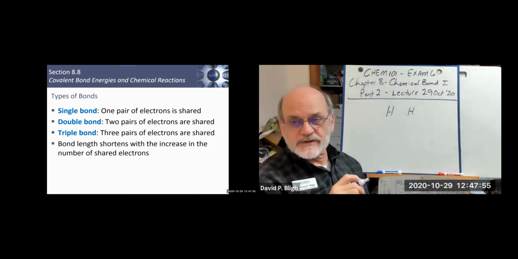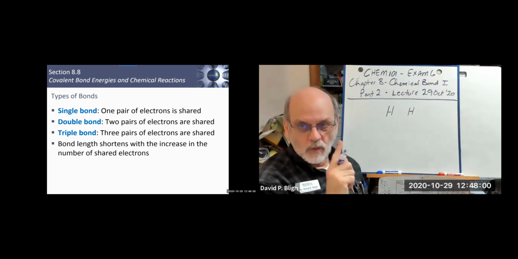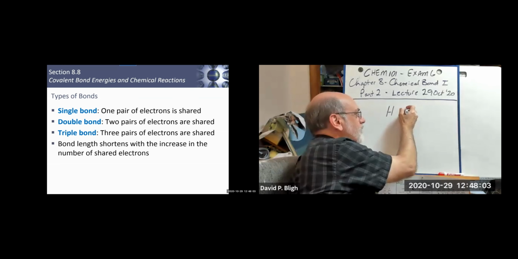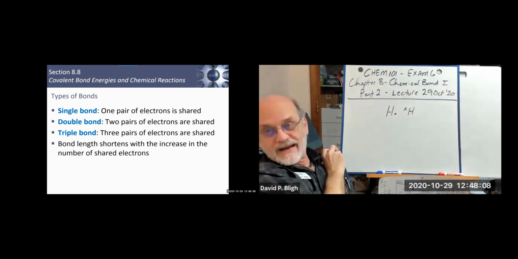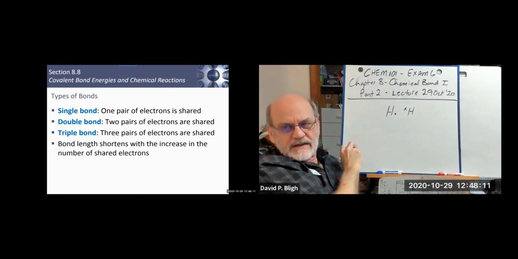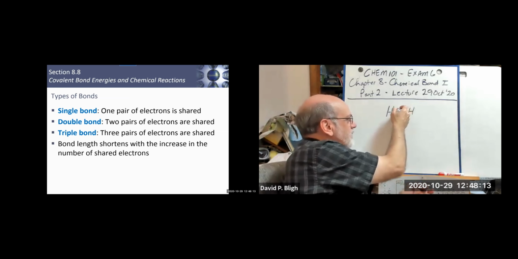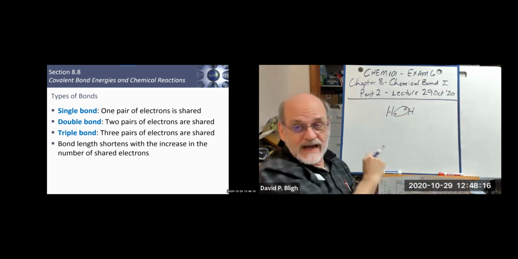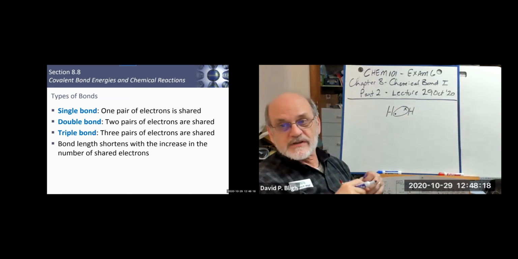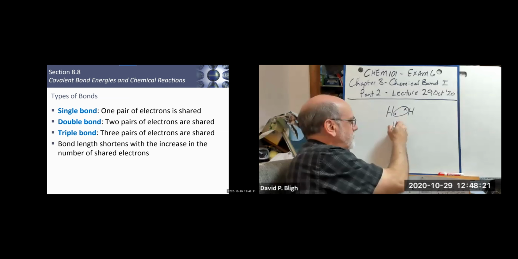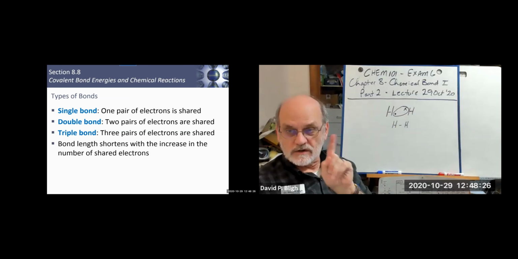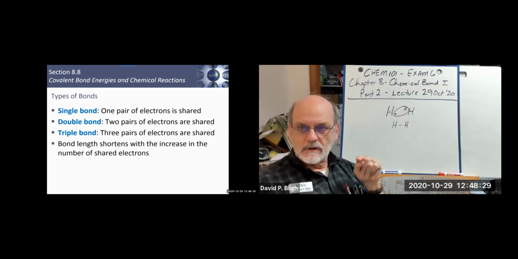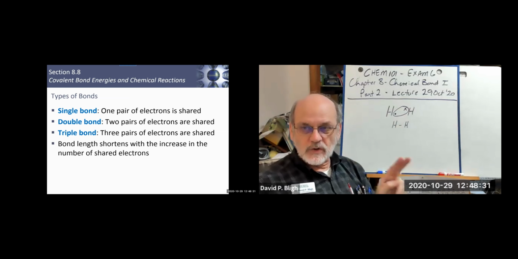And the bond is represented by two electrons. Two electrons forms one bond, right? So you might have one electron from that hydrogen and one electron from that hydrogen. And in some form or fashion, they end up in this space between the hydrogens, forming a single bond, and we usually represent that with a single dash. So whenever you see a single stroke, a dash, between two atoms, think single bond, two electrons only.